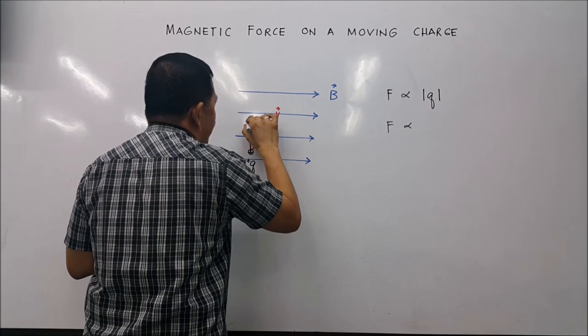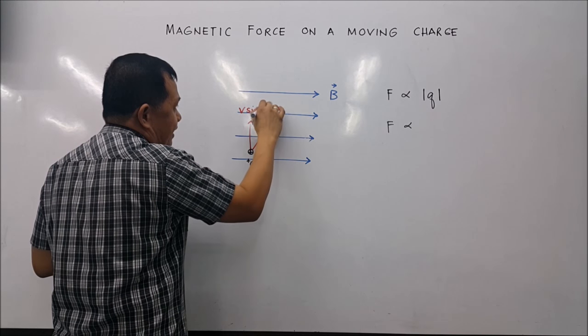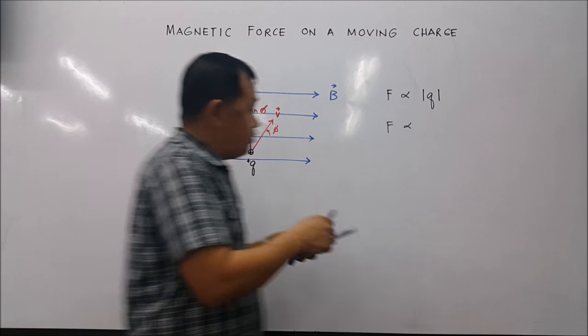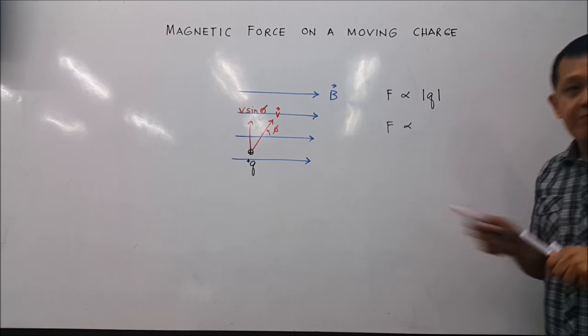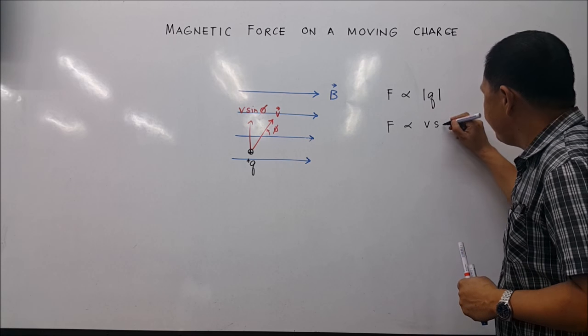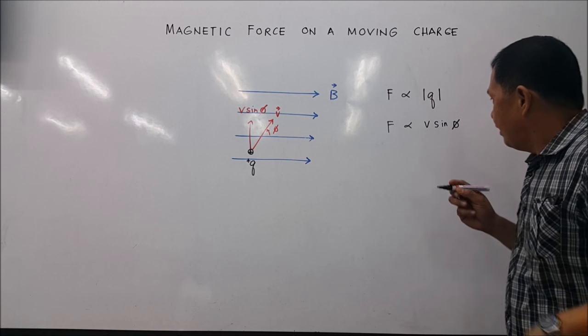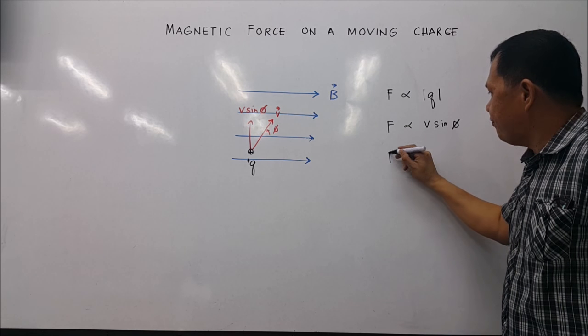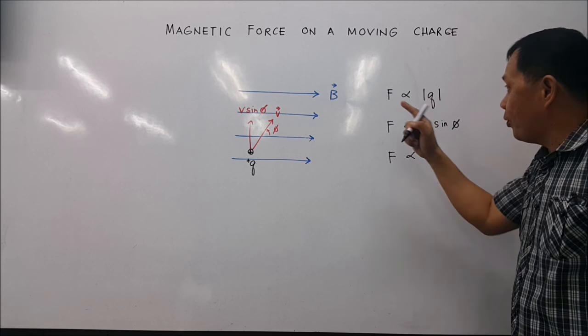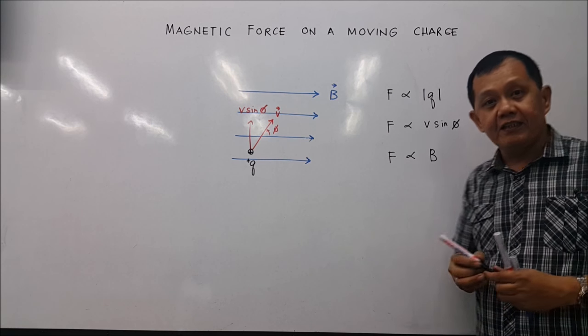So it's directed this way, and this is V sine phi. So we could say that the magnetic force is directly proportional to V sine phi. Also, the magnetic force is directly proportional to the magnitude of the magnetic field.